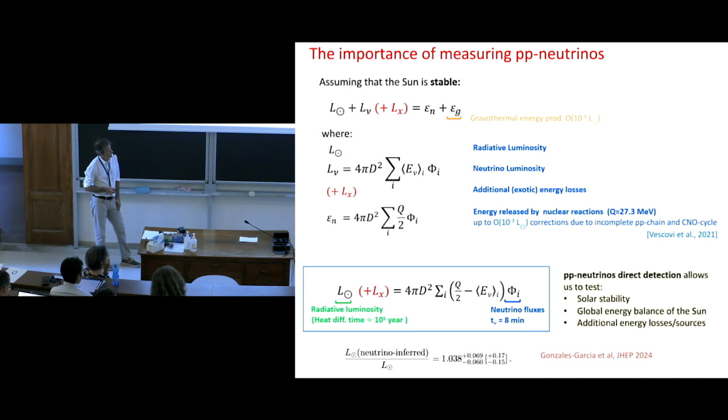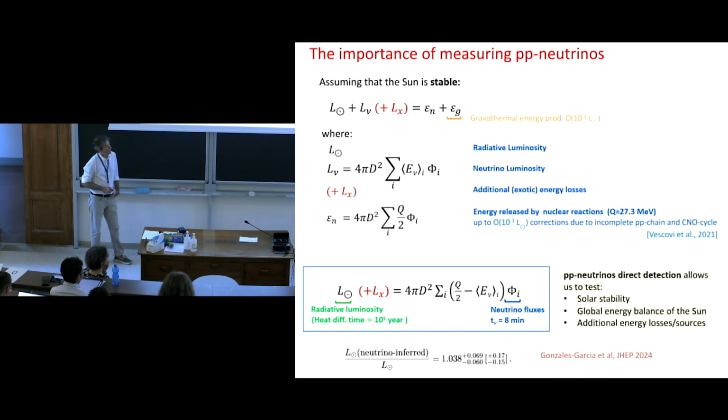Which here is rewritten in this form. So we can use the neutrino flux determination to calculate the right-hand side and to compare with the left-hand side, testing the solar stability, the global energy balance of the sun, and the presence of additional energy losses or sources which may not be included in the standard solar model calculation.